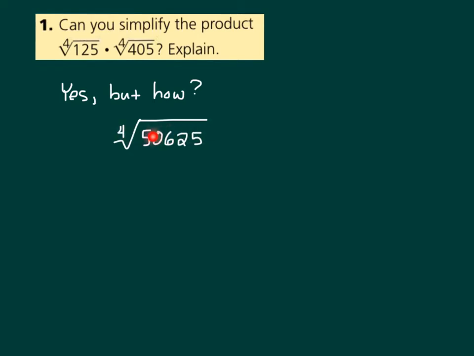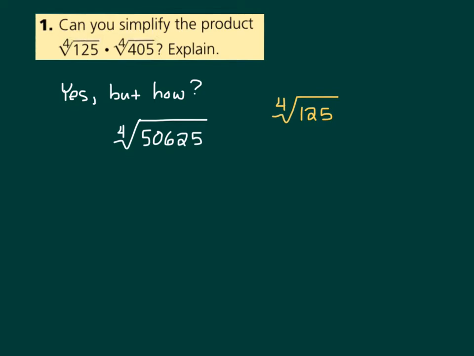Instead, go back to the beginning. Simplify each of these radicals before you multiply. Then see what happens.